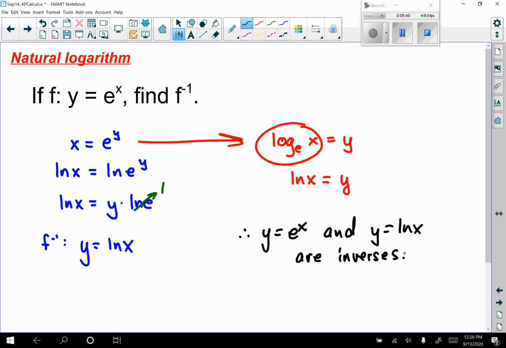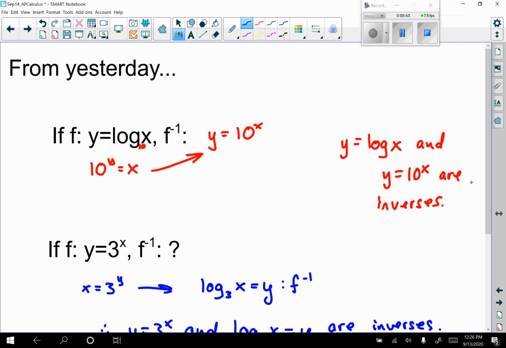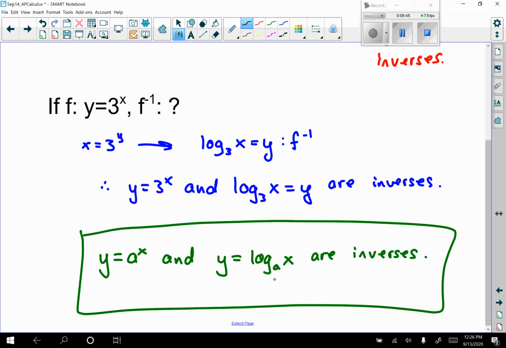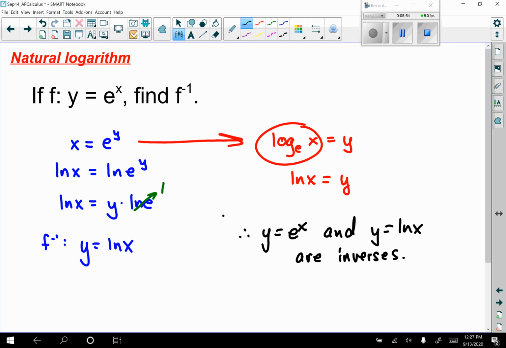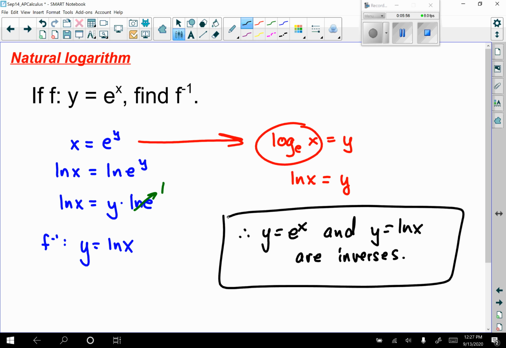So this looks just like what we wrote off on the last page here, except when a is equal to e, it's just the natural log. We don't have to write it because remember, log base e is the natural log, ln. So we're just applying it to the specific case.